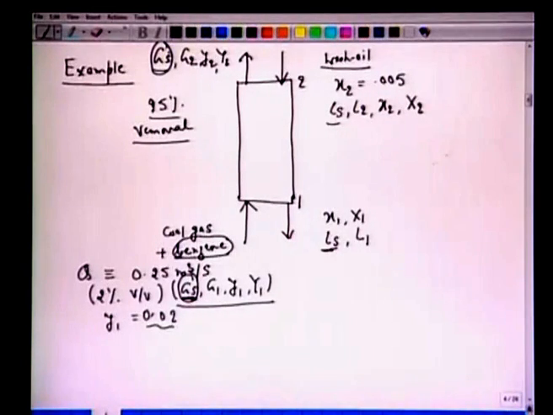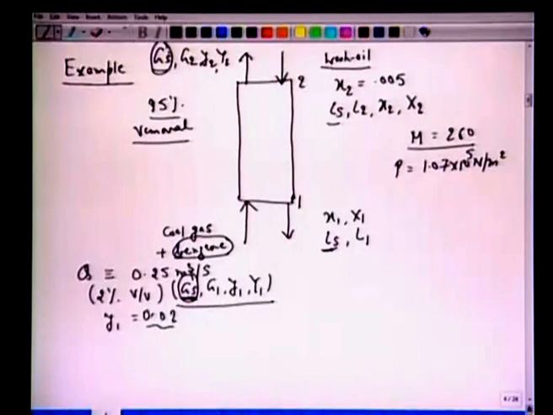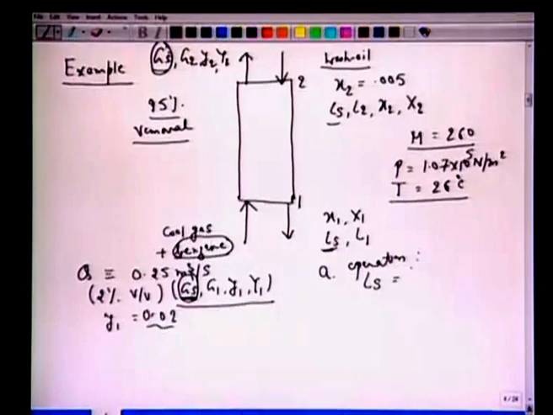Certain physical properties are given here. The molecular weight of the wash oil is 260. The pressure is 1.07 times 10 to the power 5 Newton per meter square. The temperature is 26 degrees centigrade. Now two important things are given here. One, the operation, similar to what we just discussed a while ago: the solvent flow rate Ls is 1.5 times the L minimum.